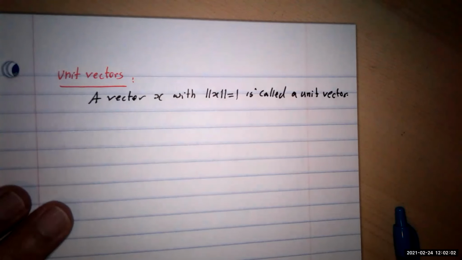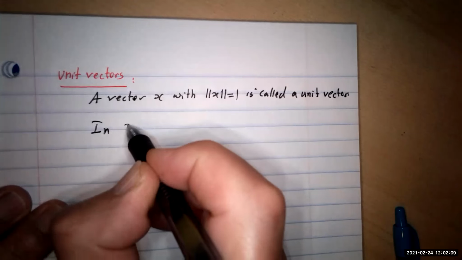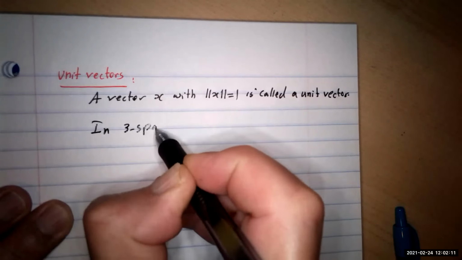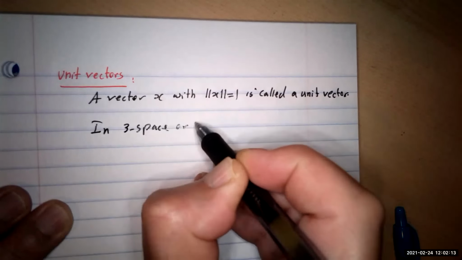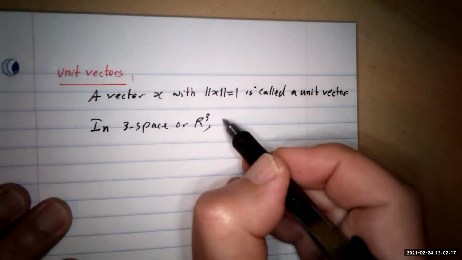If you are in three dimensions, we have three famous ones. So in R3, in 3-space, the common vectors are very standard. We're going to use these vectors quite a lot.